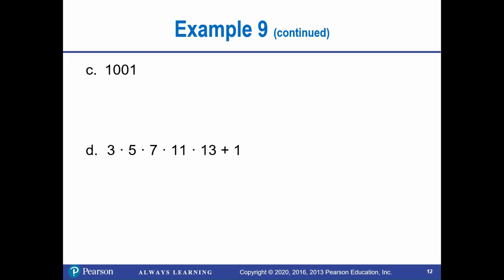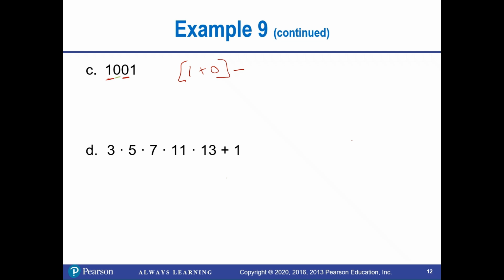So I take the digits in the even powers of 10, so that's going to be 0 and 1. Those are my even powers of 10, so I sum those digits, 1 plus 0, minus the sum of the digits in the odd powers of 10.